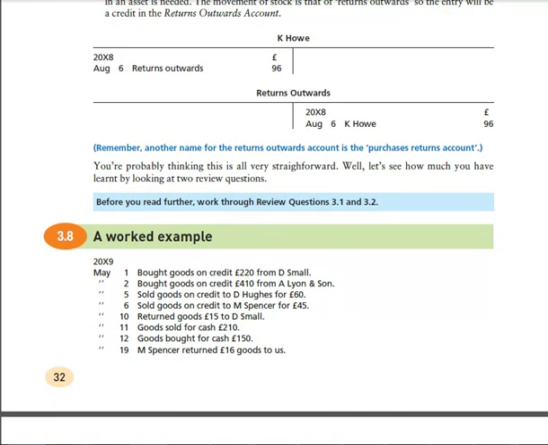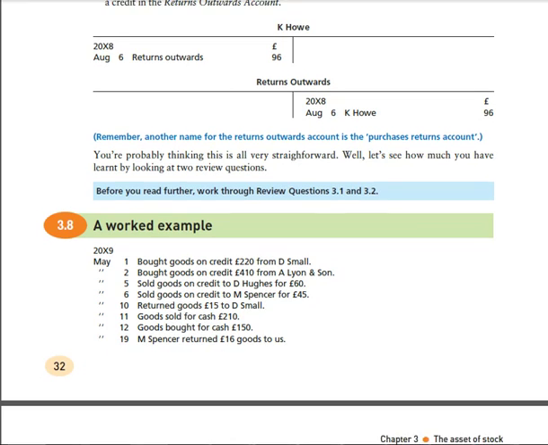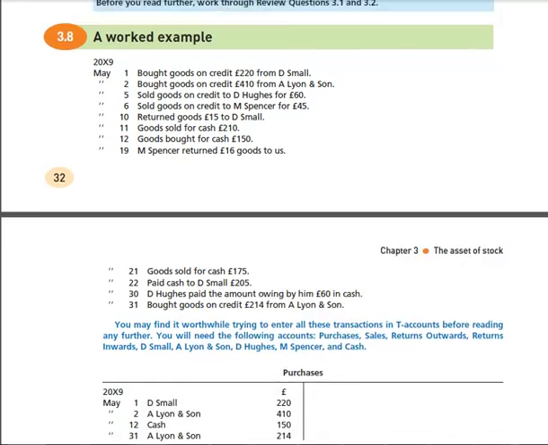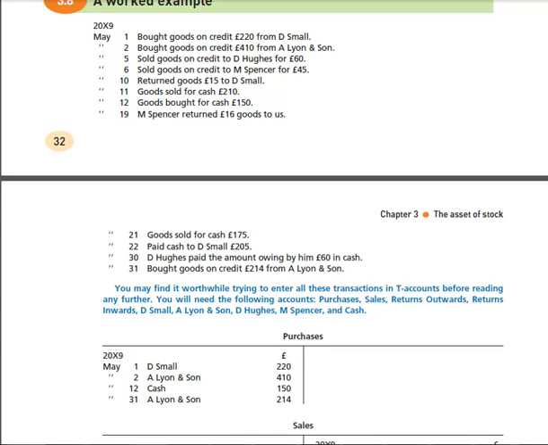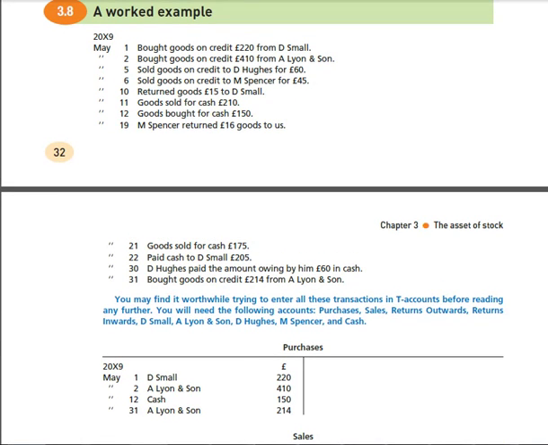If we get the reasoning behind why each account is debited or credited right, our actual workings of the real examples would be made very easy, even in the exams or in multiple choice questions. So in the worked example, the first one: bought goods on credit 220 from D Small. Whenever we read a transaction like this, we consider the two effects it would have. Bought goods means purchases, so one account would be the purchases account.